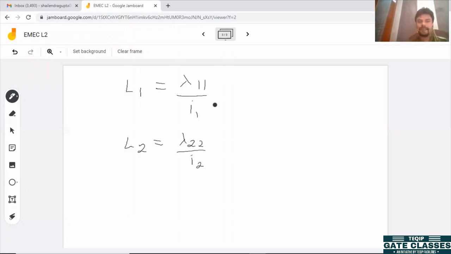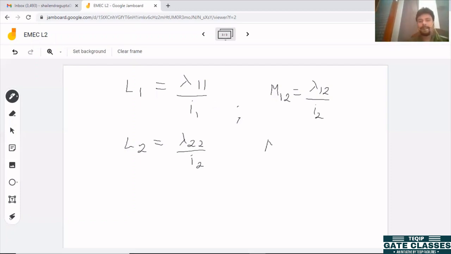Okay, and mutual inductance M12 can be written as lambda 12 divided by I2, this is the flux linkage of the first coil due to the flux generated by the second coil.